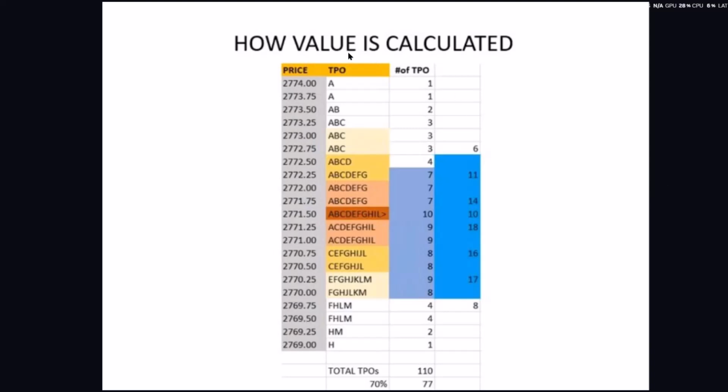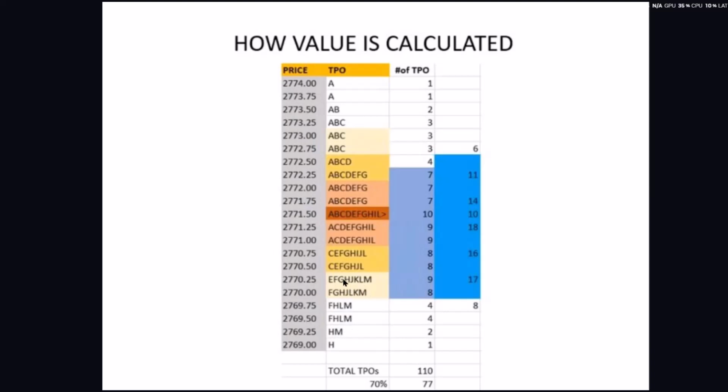So this is an old picture. I forgot where I found this, but this is very good to explain how value is calculated, right? So we have our price on the left, and then our time periods, and then a count of the number of TPOs there. So you can see 1, 2, 4, 4.